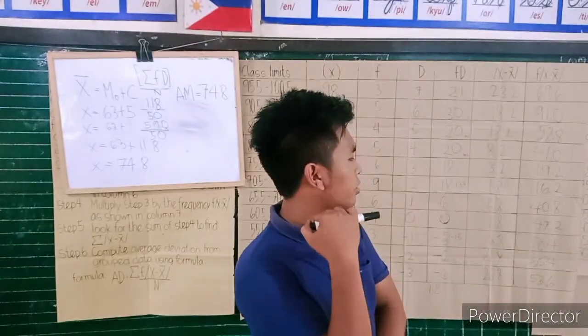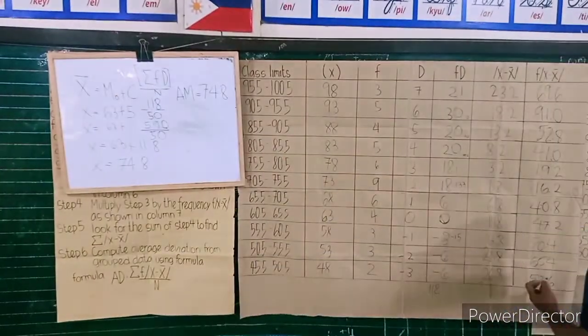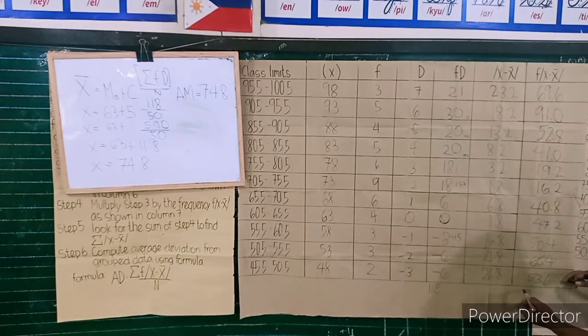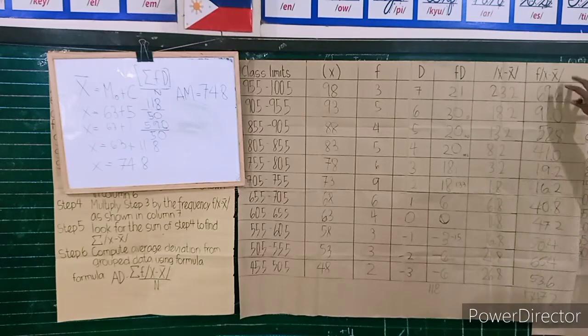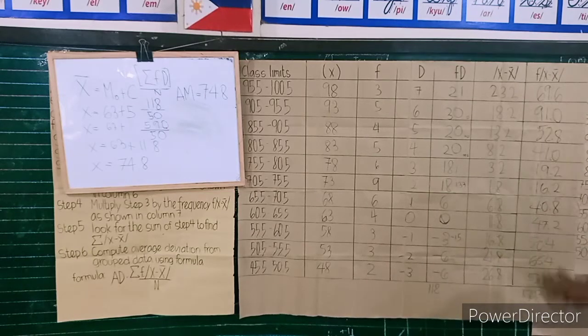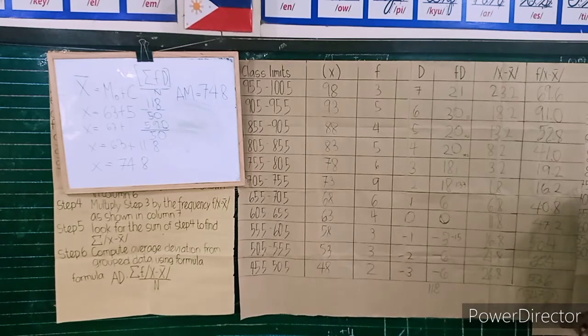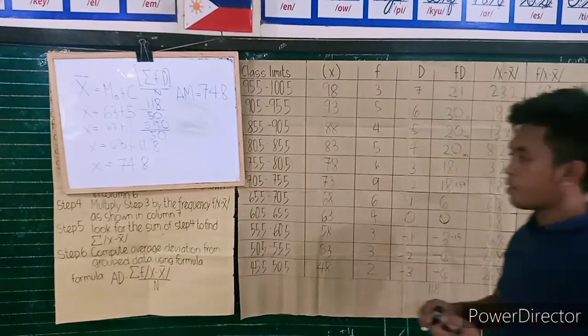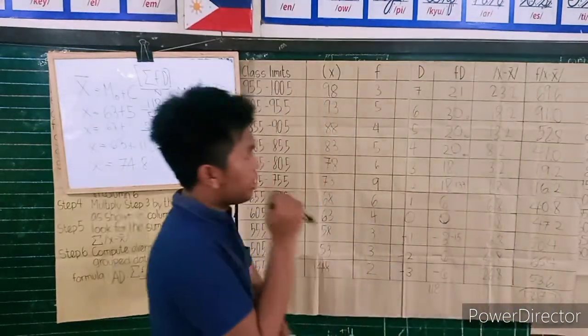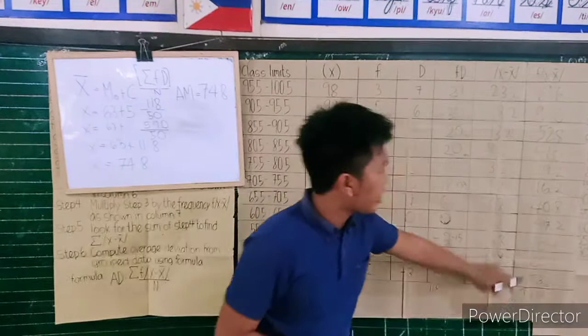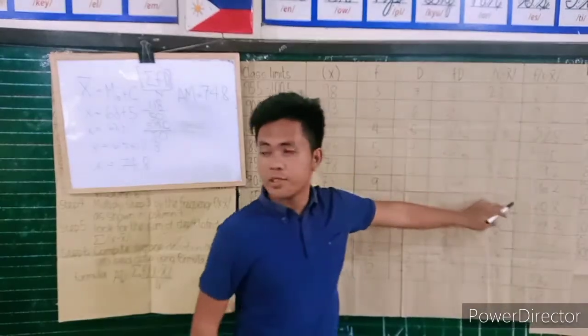Okay, so we have 547.2. I add all the numbers in this column. So I got 547.2. Are we clear? Okay. So how do I get this 547.2? I add all these numbers.